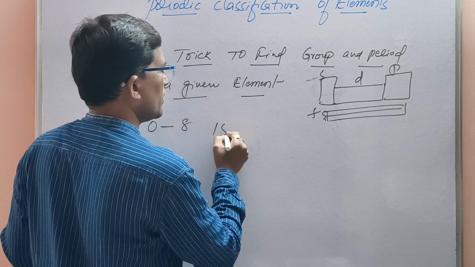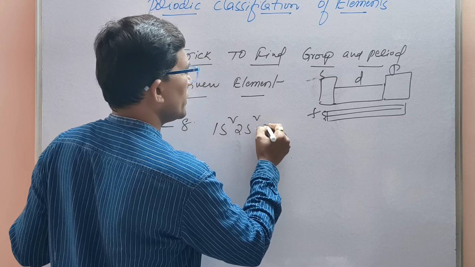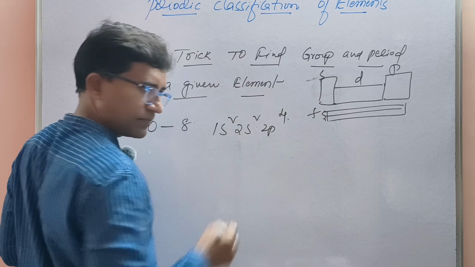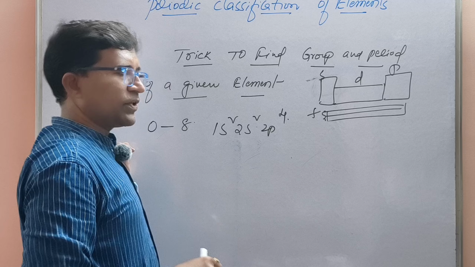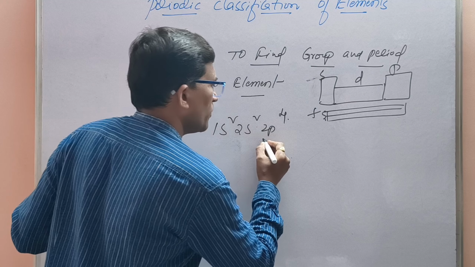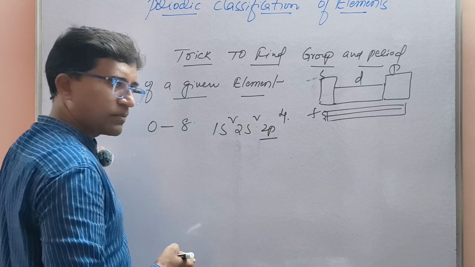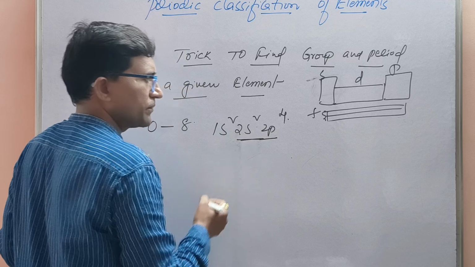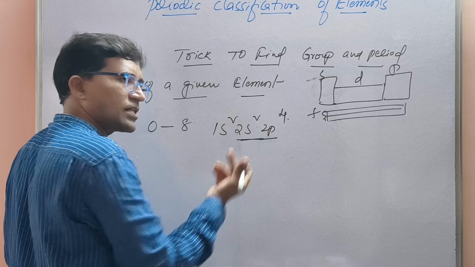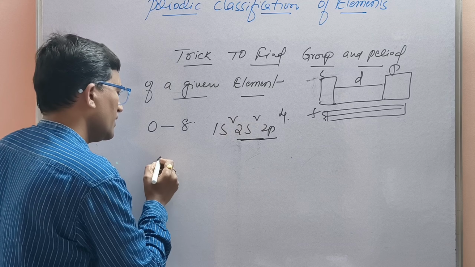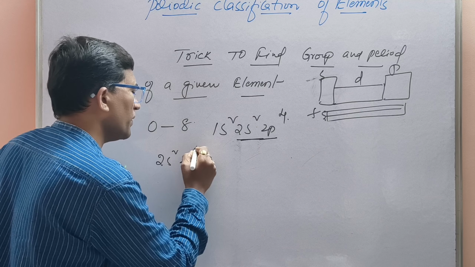If you write the configuration, it is 1s2, 2s2, 2p4. This is the electronic configuration of oxygen. Now think about the last orbitals, 2s2 and 2p4. These s and p orbitals come under the same shell.